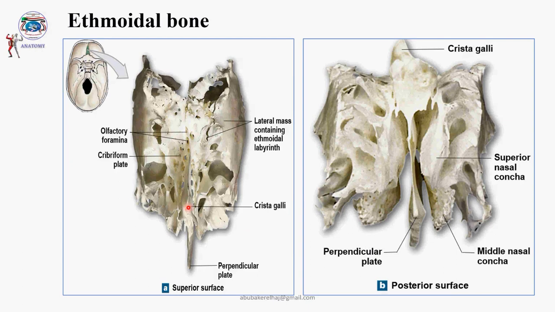The crista galli gives attachment for the dura mater in this area, and here we have the perpendicular plate which extends downwards in the nasal cavity to form part of the nasal septum.